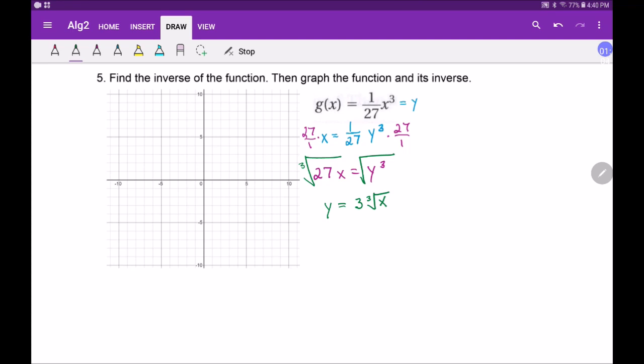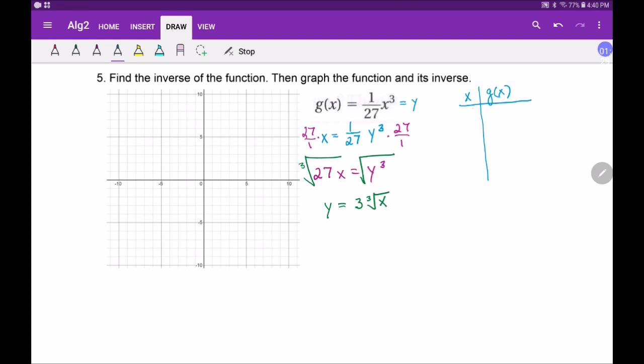Alright, so let's graph the function and its inverse. Notice it didn't say that it was a function, but anyway, its inverse. So let's do that. We will say when x is equal to, and then g of x, which is y. Let's pick easy numbers.